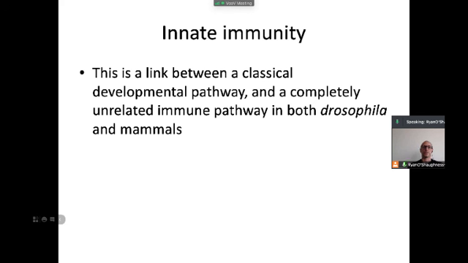So we just talked about innate immunity. This pathway is a link between a classical developmental pathway and a completely unrelated immune pathway in both Drosophila and mammals.